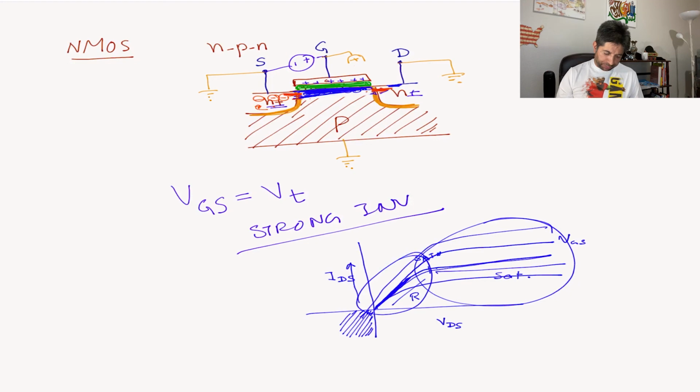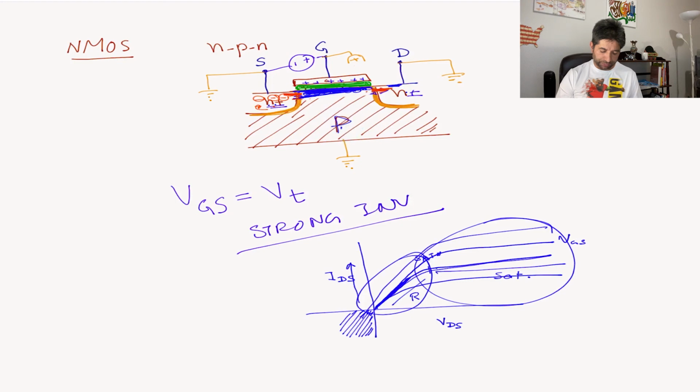And in the PMOS case, it's the same thing, just different. Instead of P, you have N, and instead of N, you have P plus, N here, and a P type channel is created. Your voltages are different. Your source is connected to VCC as well as your substrate.